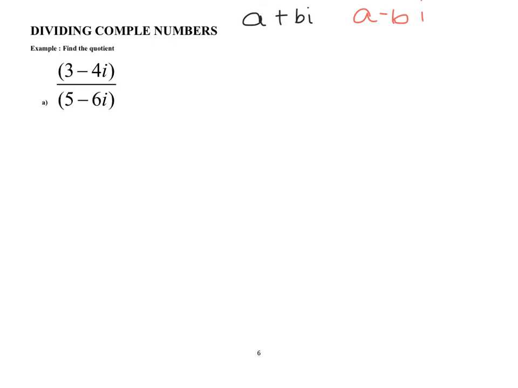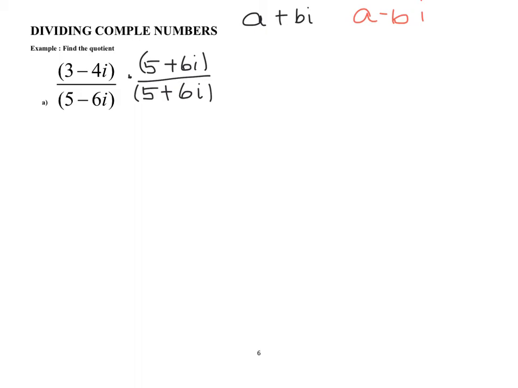So that's what we need to multiply by. I take the denominator and multiply by the complex conjugate, 5 minus 6i. So why do I do that? When I do that, I am going to get rid of the imaginary part in the denominator. We cannot have the imaginary part in the denominator. So what do we get? Let's do it here on the side.